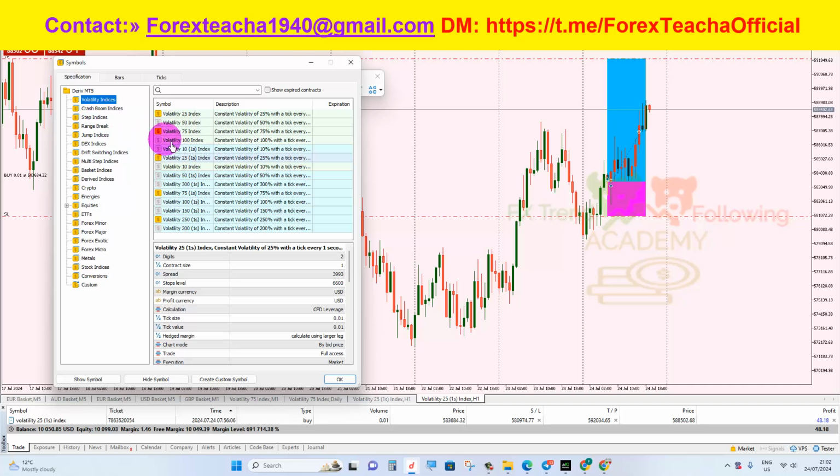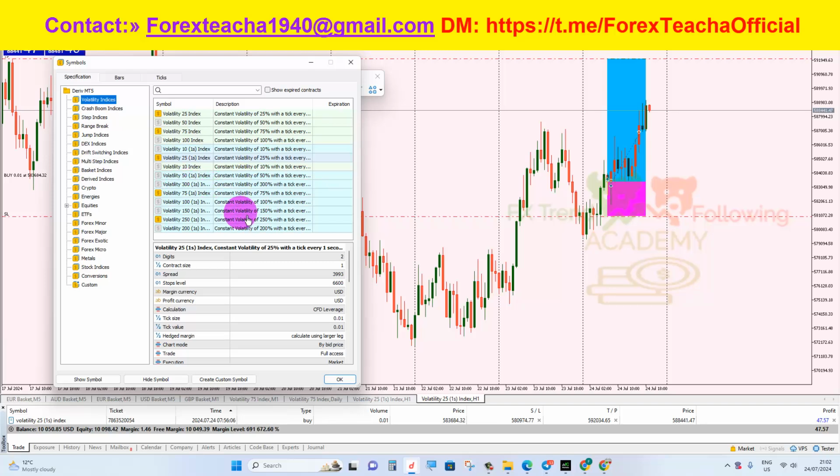So here you can see that you can trade volatility 25 index, volatility 50 index, volatility 75 index, volatility 100 index. There's also something called volatility 10 1S. There's also 25 1S index, and the normal volatility 10. You also get volatility 300 1S.